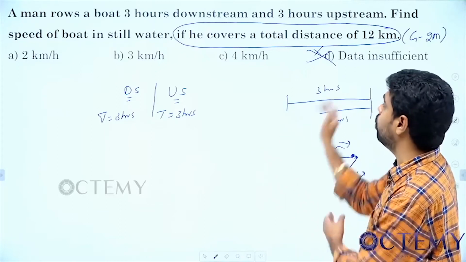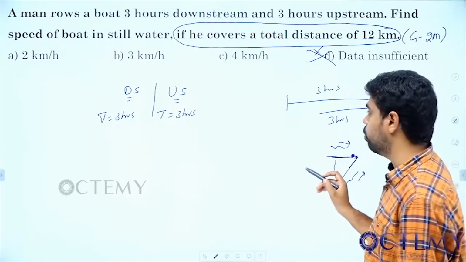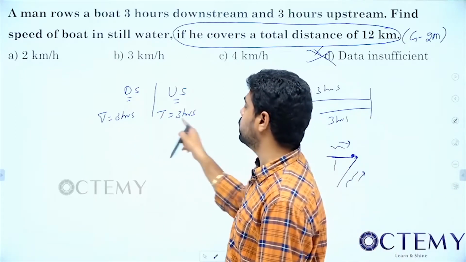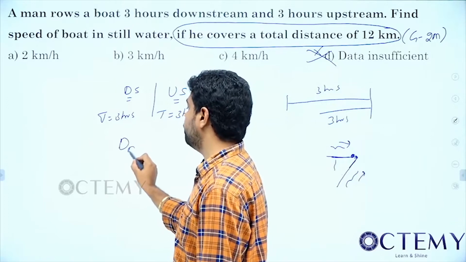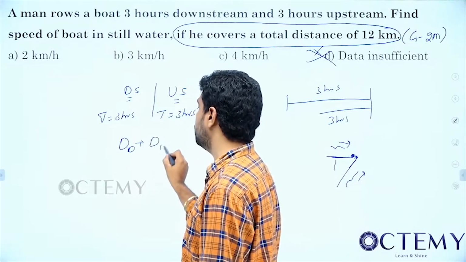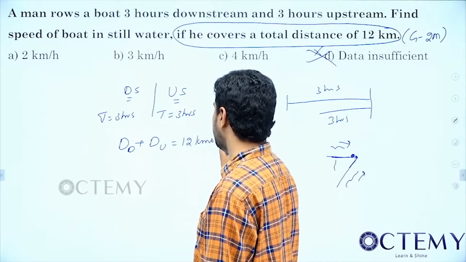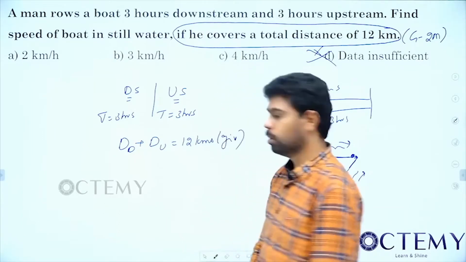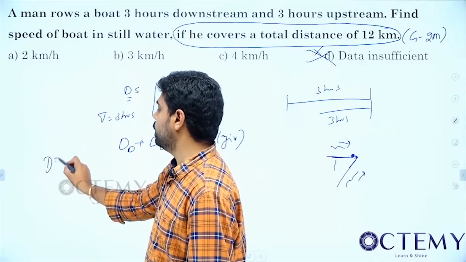Distance covered totally is 12 kilometers. He is not going and coming back. So time downstream is 3 hours and upstream is 3 hours, and distance downstream plus distance upstream is 12 kilometers. This is the given relation. Now distance equals speed into time.